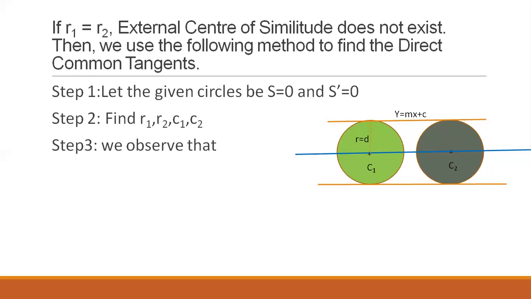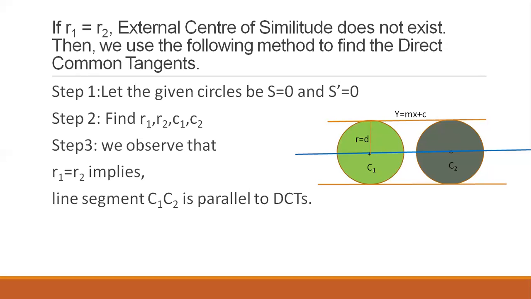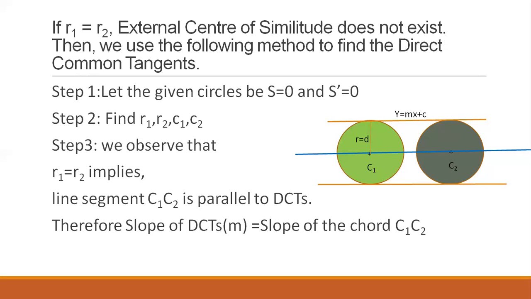We observe that R1 equal to R2 implies the line segment C1C2 is parallel to the direct common tangents. Isn't it, children? From the diagram, are you observing? Yes. Therefore, the slope of the direct common tangents m is equal to the slope of C1C2.